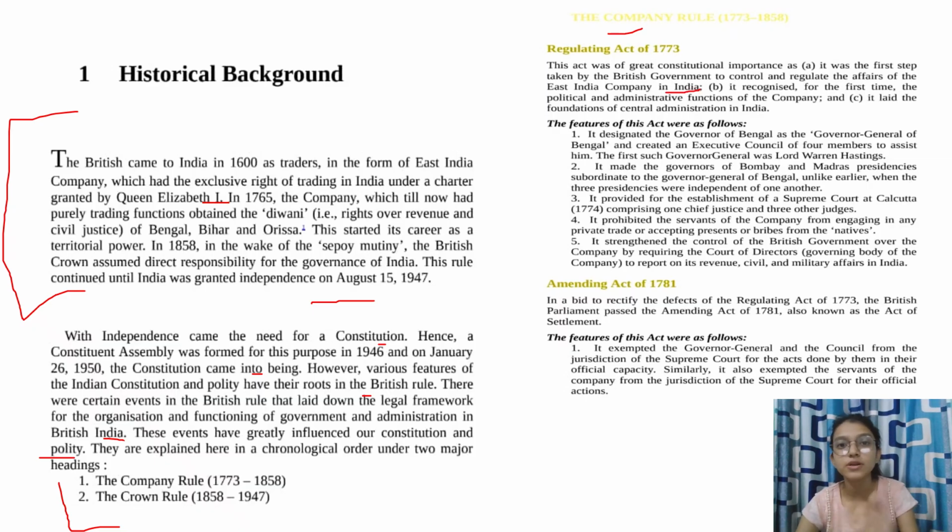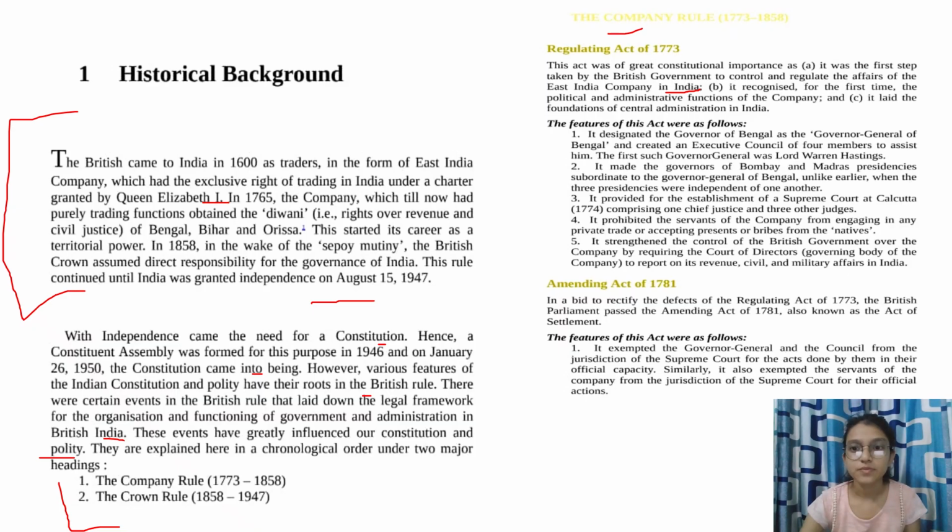So this point you can write in a systematic manner. The company asked permission from Queen Elizabeth to go to India and to trade. Permission was granted. They came, they did their trading, and they started ruling over Indian people. But when their powers got to a certain limit and they tried to abuse it, the British government started regulating the company which was there in India.